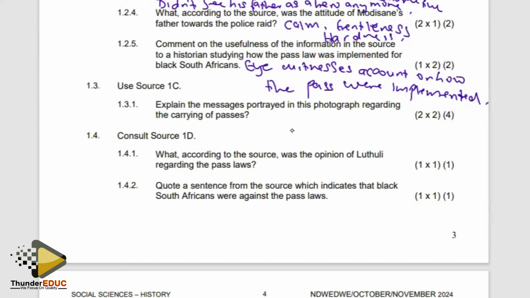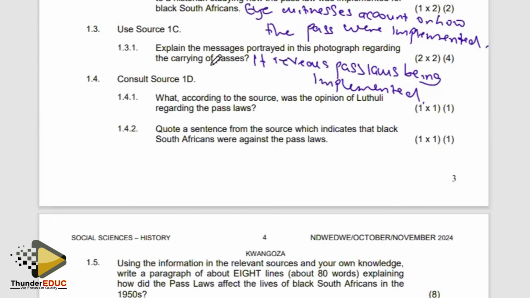The next one, it reveals the pass laws being implemented. Okay, then consult source 1D.